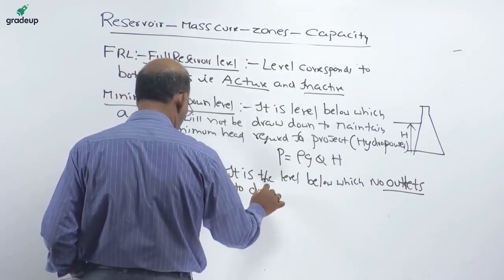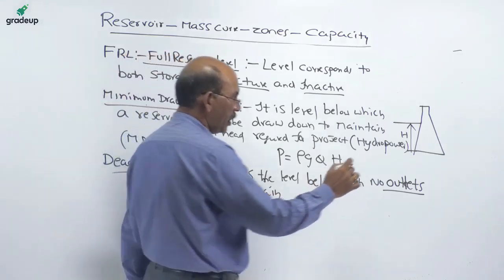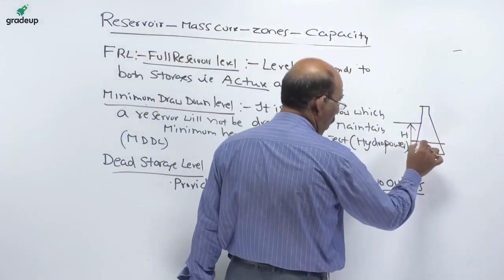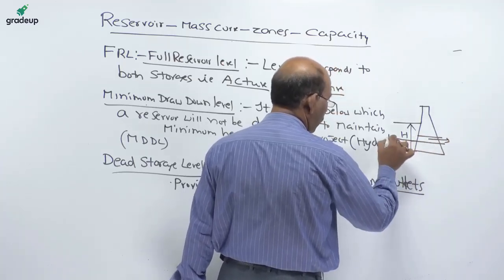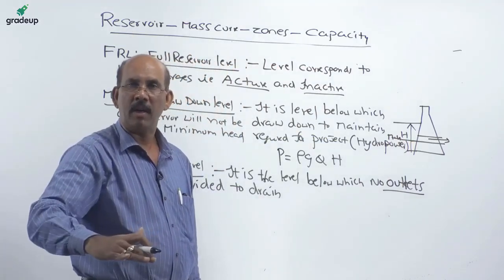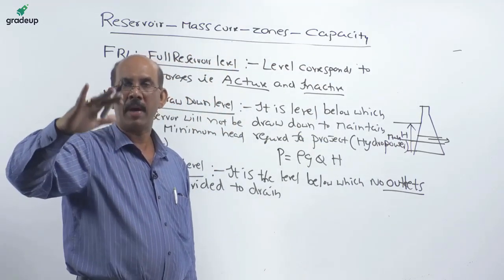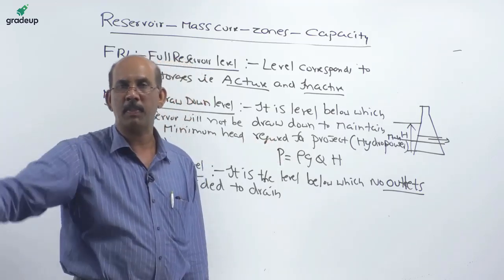To drain means one particular level. This is the level, above that only the pipe is provided. So this is the minimum level. Below this level, the water level should not go beyond this particular level.